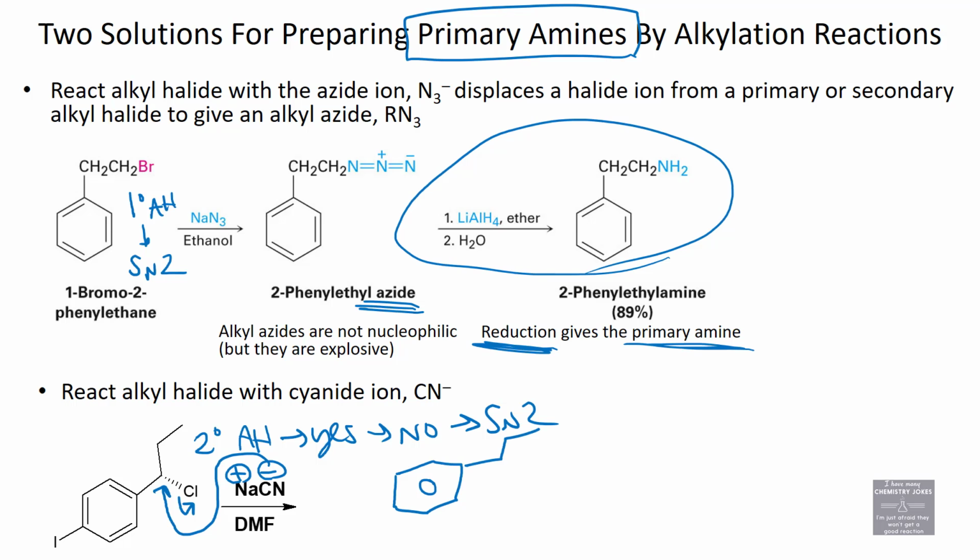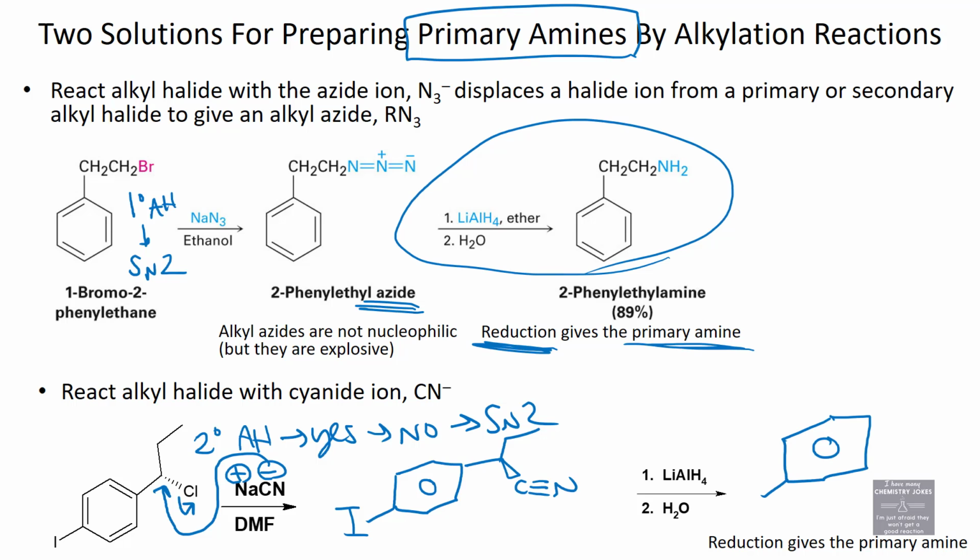I get this product with a little cyanide. Iodide still over there. A little cyanide connected. That cyanide can undergo a reduction reaction to give a primary amine. Look, the reagents are exactly the same as above. It undergoes a reduction reaction to give the primary amine. So let's draw that primary amine product.